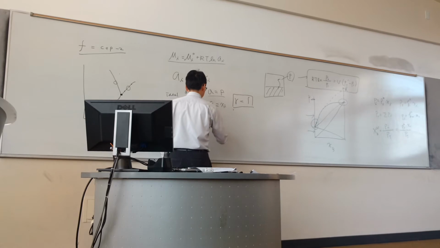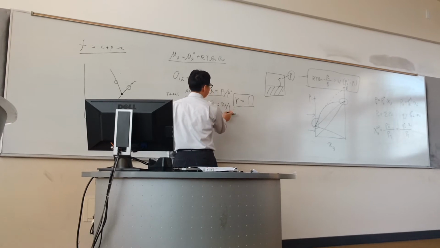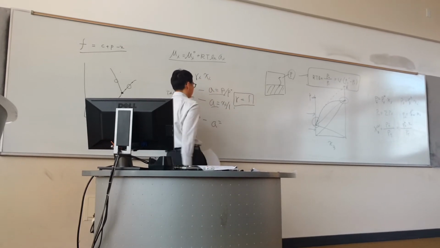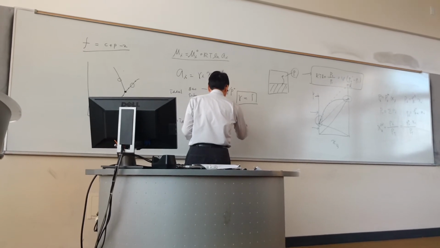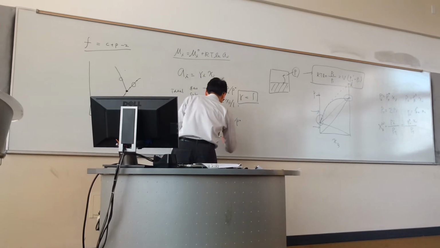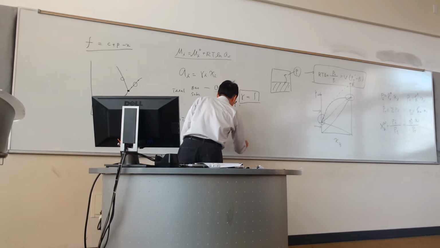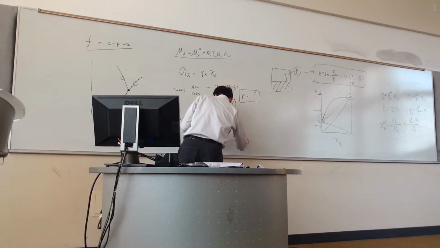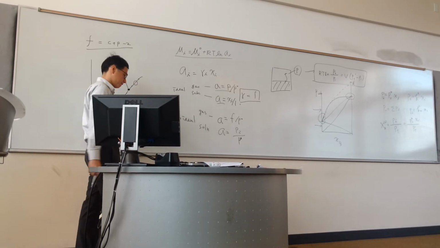your a is equal to, of course this should be over P naught, but P naught equals 1 because your composition is 1. For the non-ideal gas it is f over your P naught. For your solution, your a is just equal to your P_i over P star.